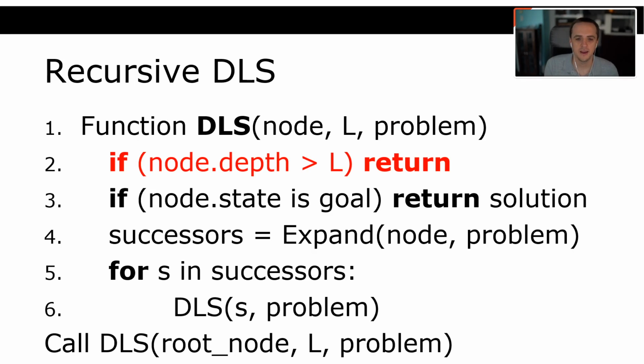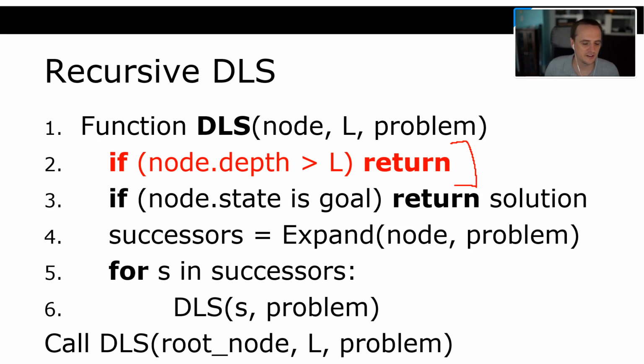So here's an example of recursive depth-limited search. All we have to do to turn depth-first search into depth-limited search is impose one more constraint. And that just says if the depth of the node is greater than L, then just stop. Okay? So that's all I have to do for depth-limited search.